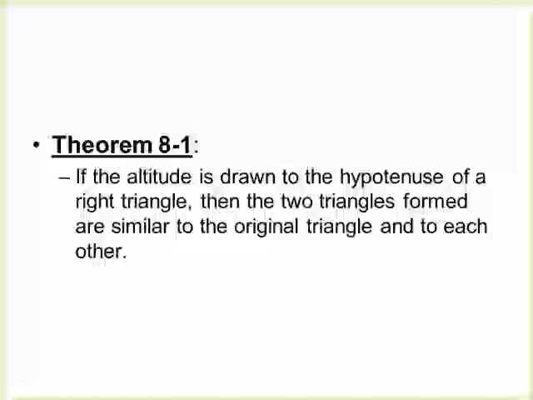So it says it's drawn to the hypotenuse of a right triangle. So what we're going to do is draw a right triangle, and we want to draw an altitude or perpendicular to the hypotenuse. Which side of the right triangle is the hypotenuse? The longest side, or the side across from the right angle.